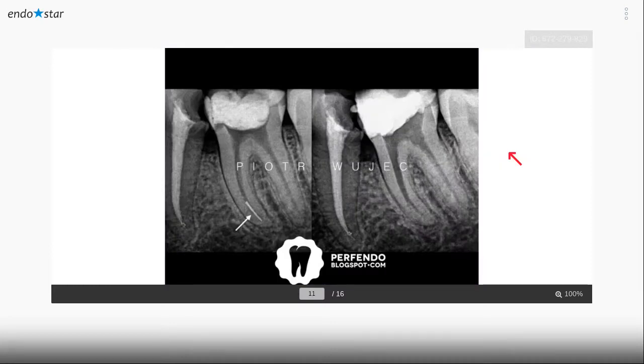So sometimes I do cases like this, where I can clearly see after the straightening of the access.